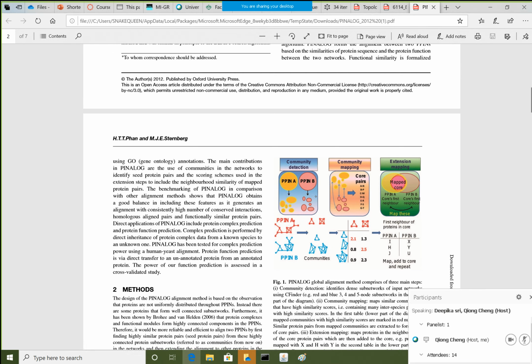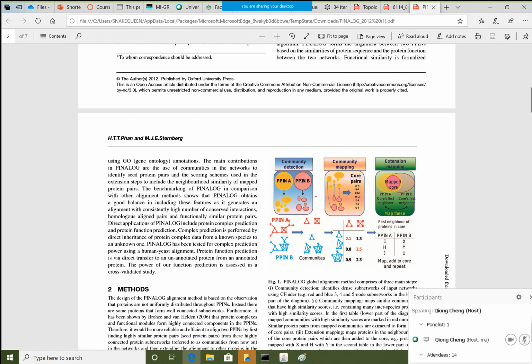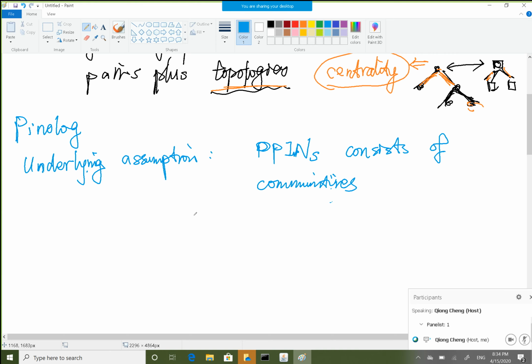So the right one here corresponds to one network, and this one corresponds to another network. All right? So let me draw here. I may not draw exactly the same as what they have.